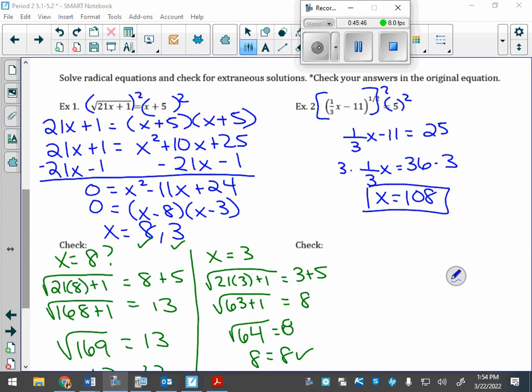Okay, how many of you did get x equals 108? Okay, so you have to square first the 5. Okay, so you get 1/3 x minus 11 equals 25. Then you add 11 to get 36. Then you multiply both sides by 3, which is the reciprocal. You get x equals 108. Then we go ahead and check.